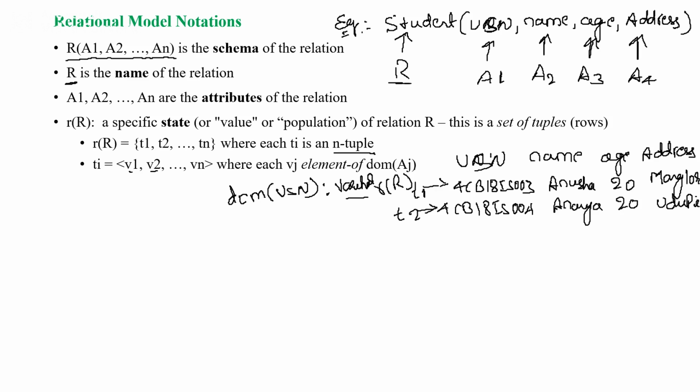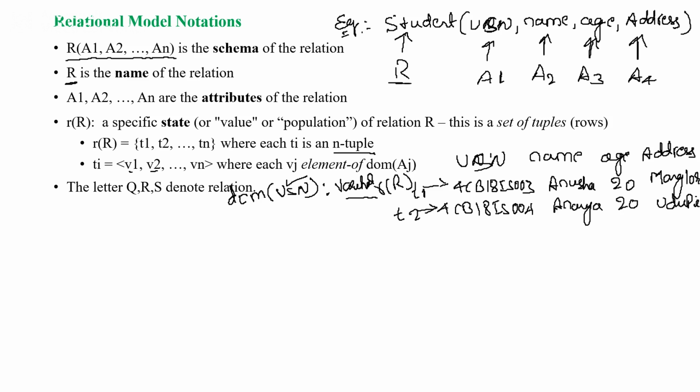So USN is a variable character type, where we store values like 4CB18IS003, 004, and so on. Similarly there is the domain of name, domain of age, and domain of address. With respect to the data type, we store the value into the table.